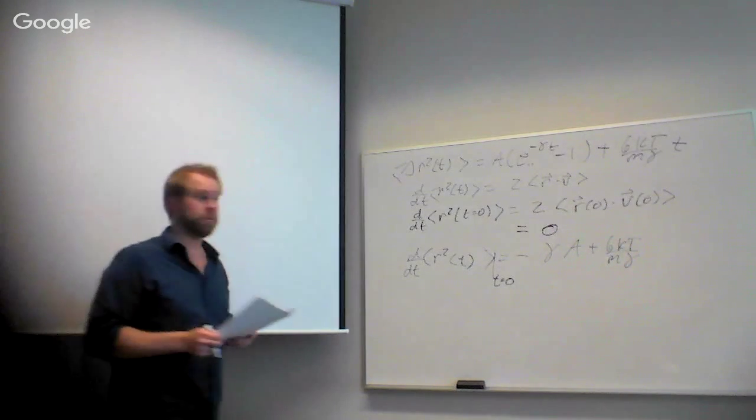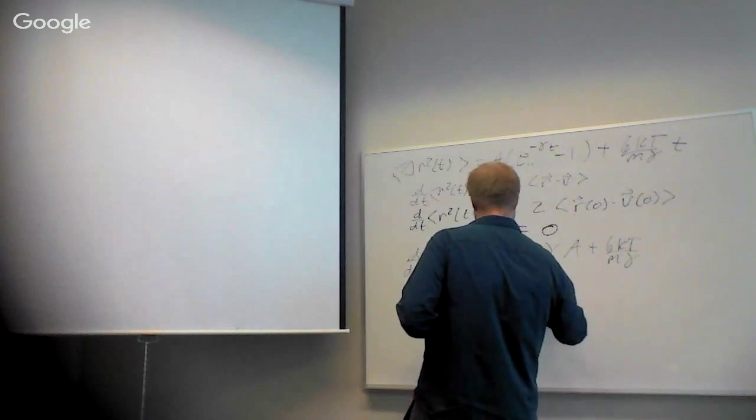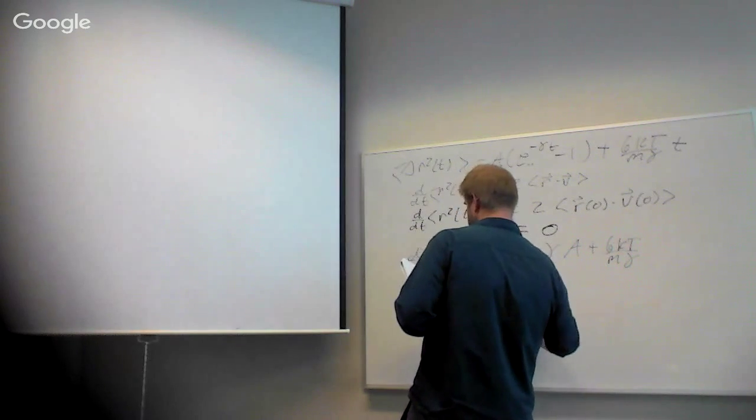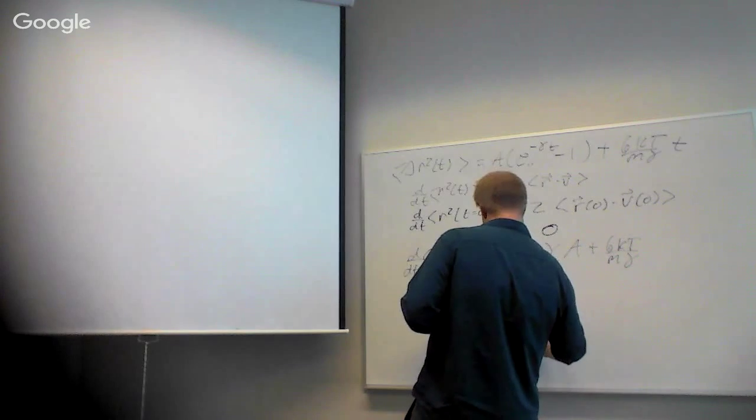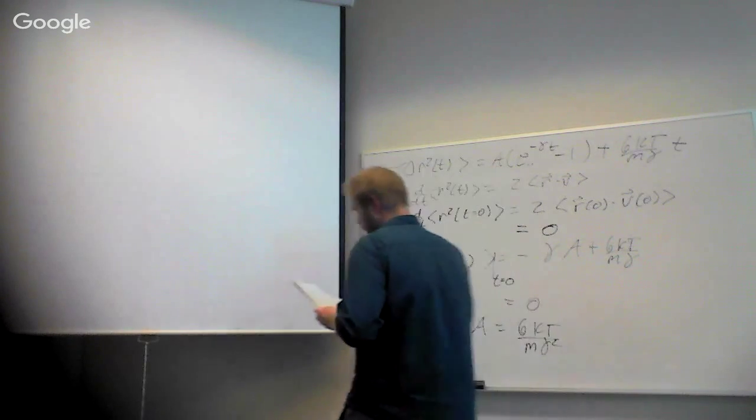Cool. We just showed that this was equal to 0, and so we can solve: A is equal to 6kT over m gamma squared.